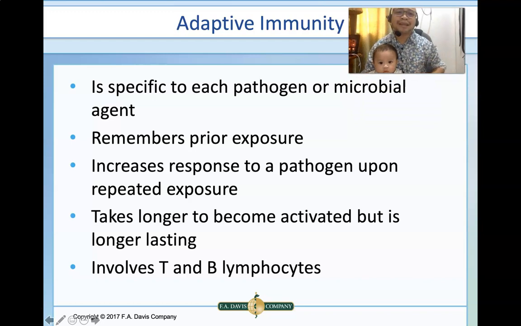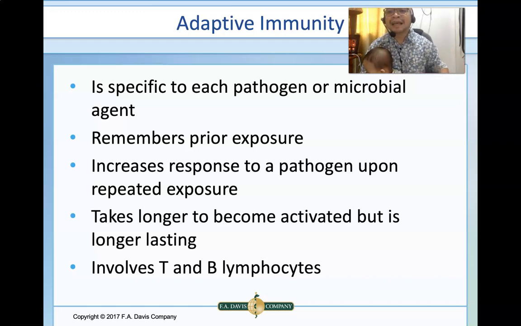As I told you a while ago, adaptive immunity is also known as specific immunity, meaning the response of adaptive immunity is very much specific to each pathogen or microbial agent. One of the most important characteristics of adaptive immunity is that it has the capability to remember prior exposure.